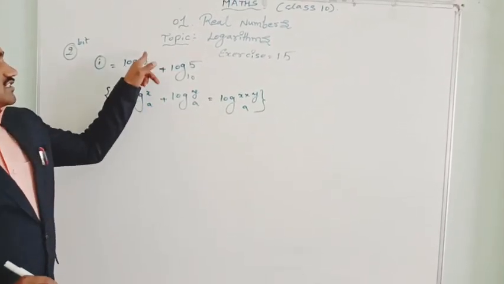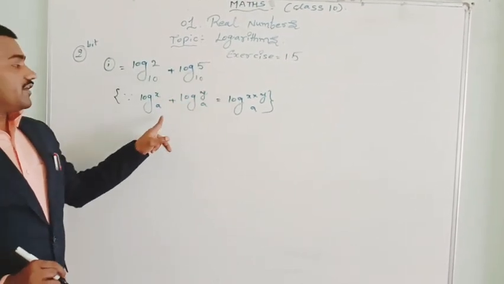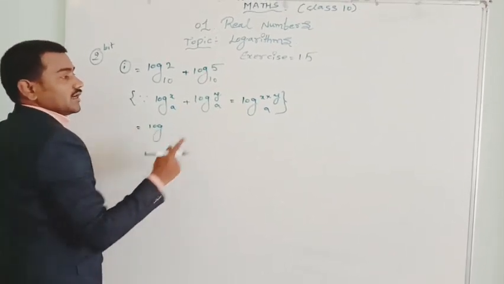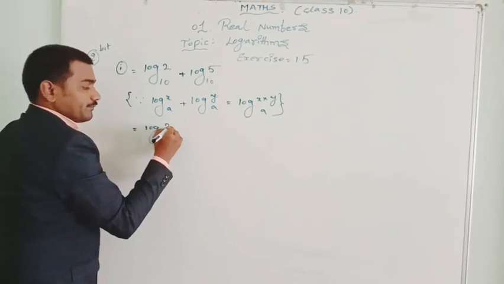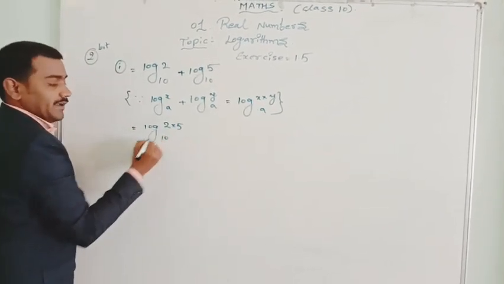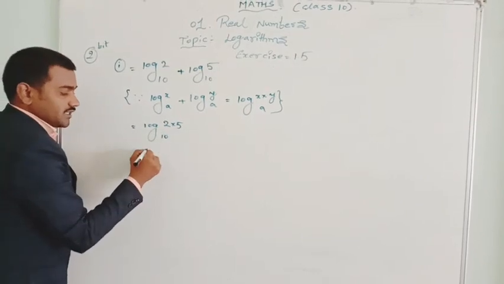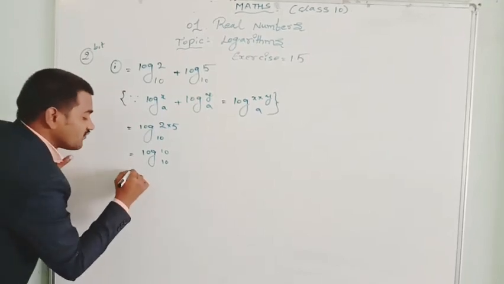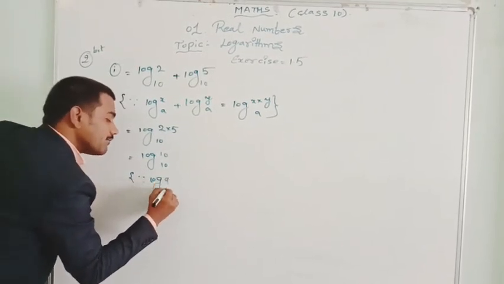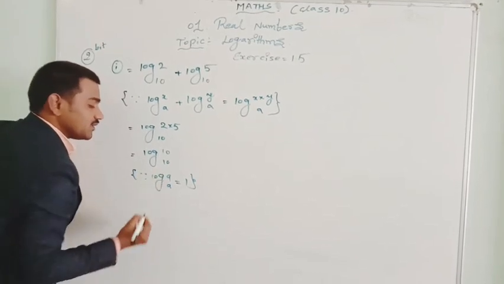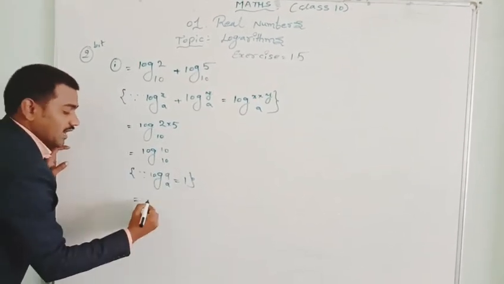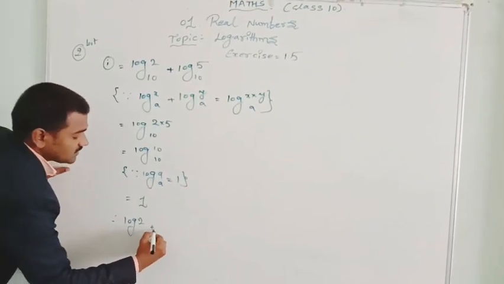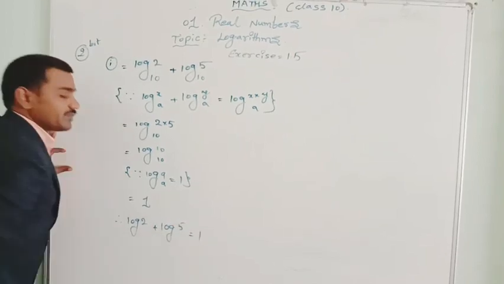So here x is 2, y equals 5, where a equals 10. That is what we need to write. Log x into y, 2 into 5, our base a, that is 10. So 2 fives are 10. Log 10 base 10, where log 10 base 10 equals 1, by using the formula log a base a equals 1. So here we get the answer as 1. Therefore log 2 plus log 5 equals 1.